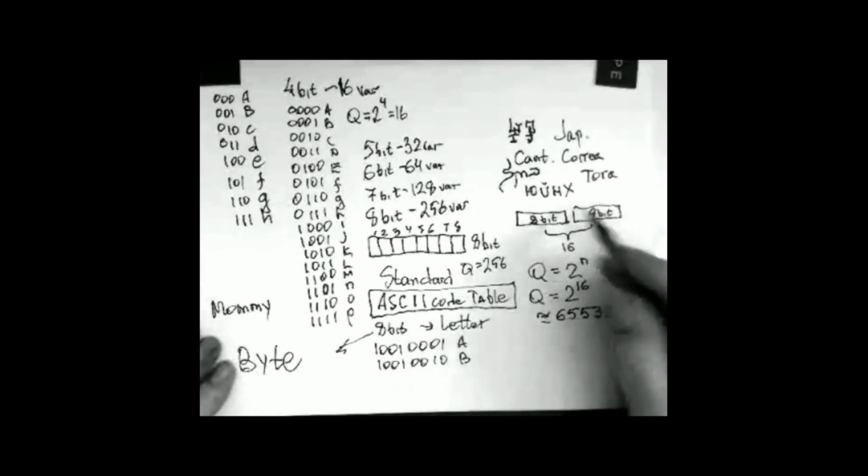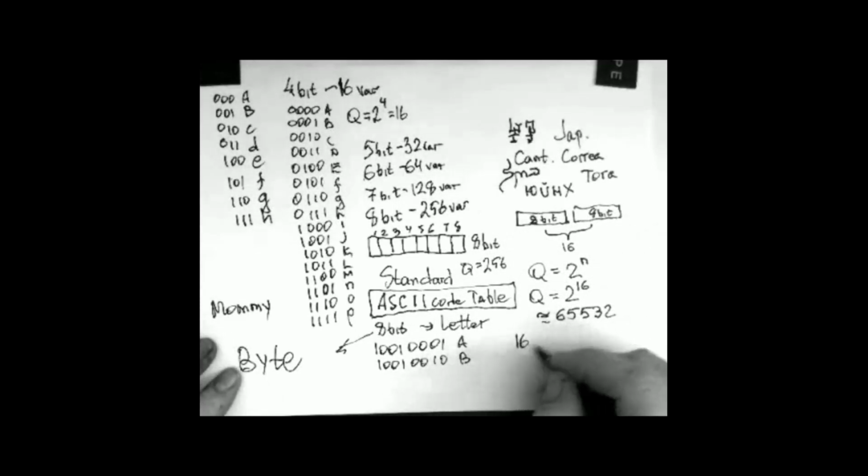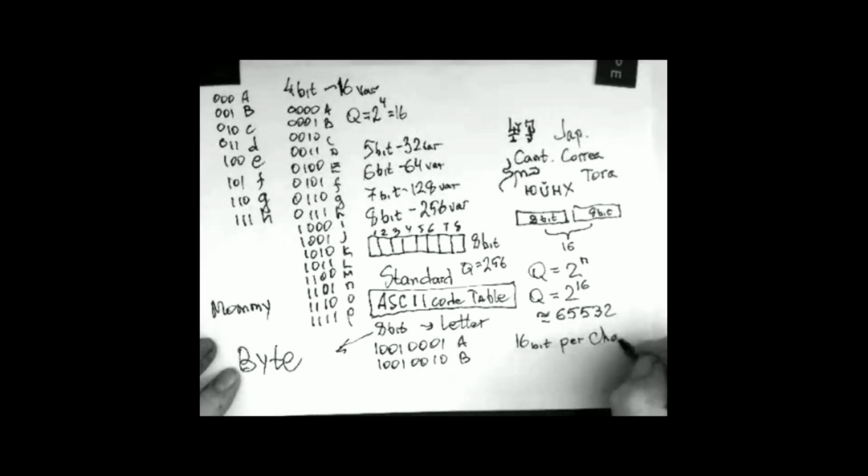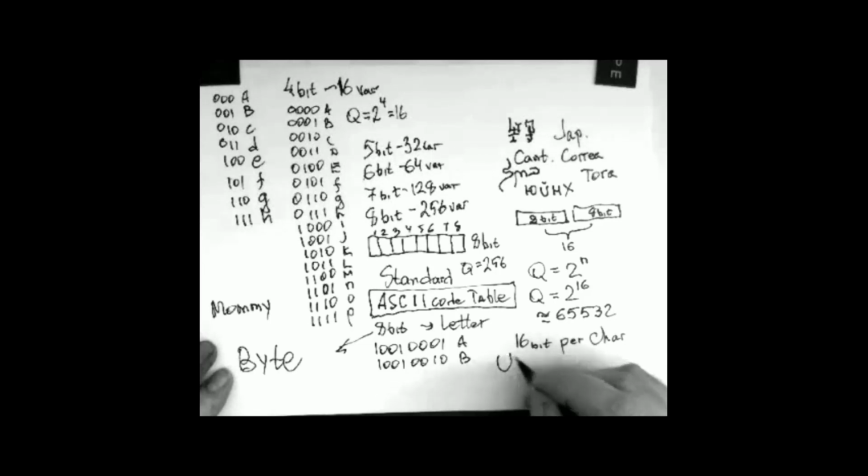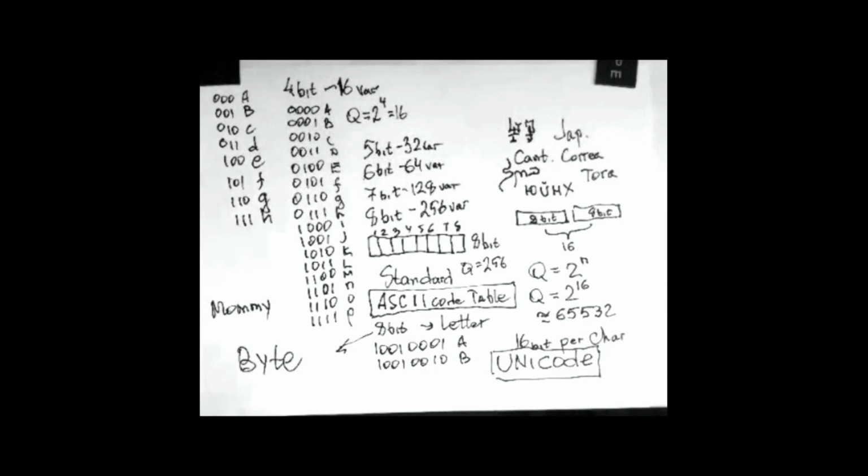So folks, if you use an encoding table with 16 bits per character, you will have more than 65,000 placeholders for any letters that planet Earth can use. And this is quite a contemporary code. This code is named Universal Code, or Unicode. And it's not a secret that the Internet actually uses this code as its basis because the Internet is an international network.